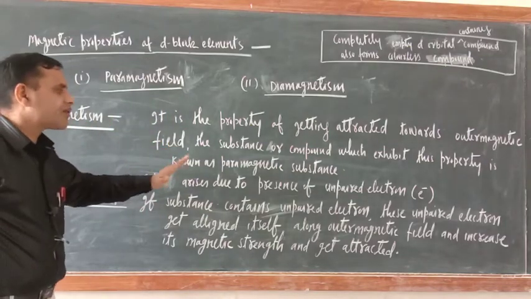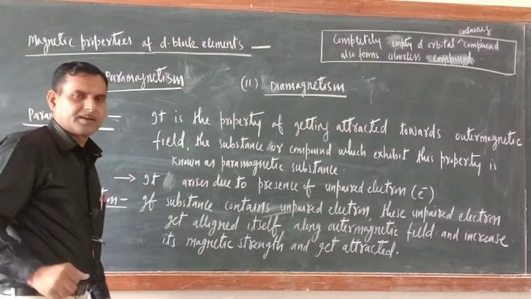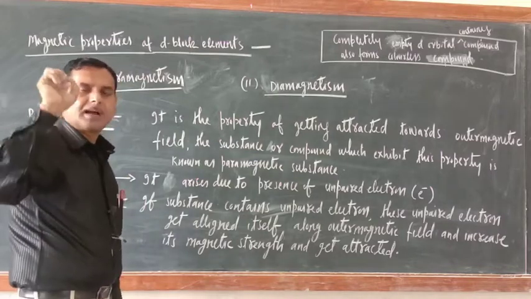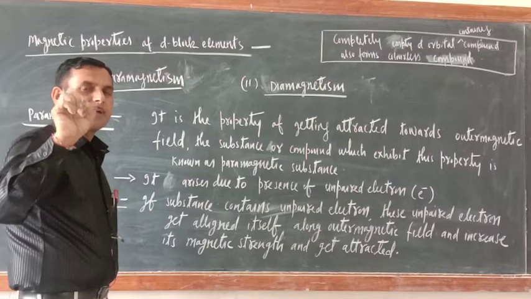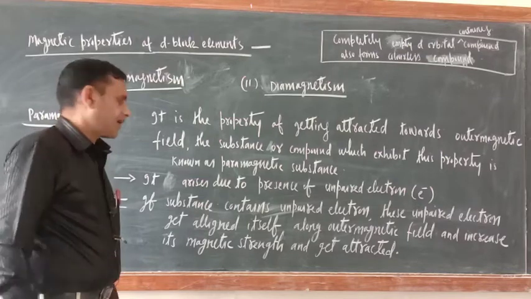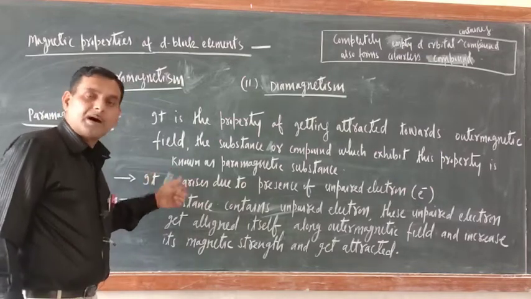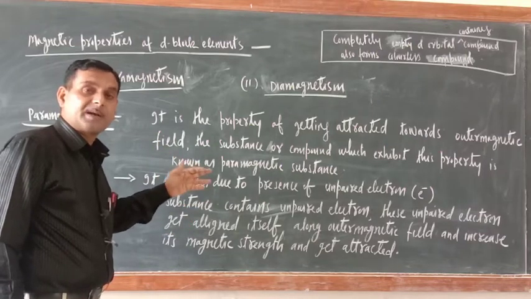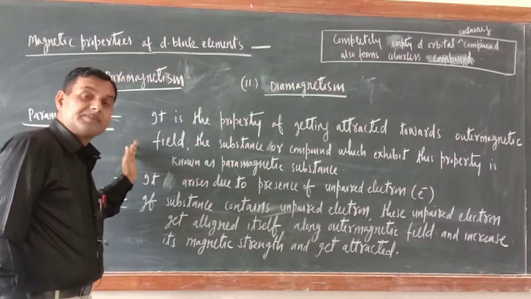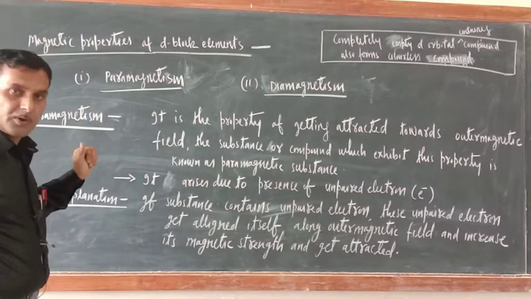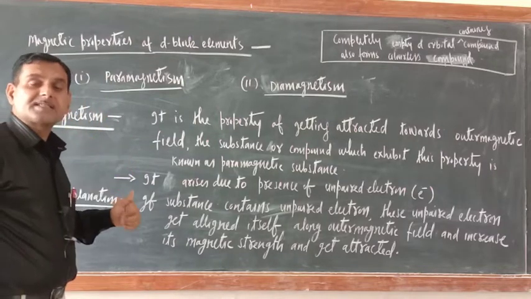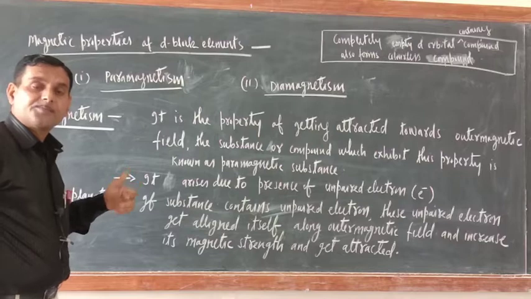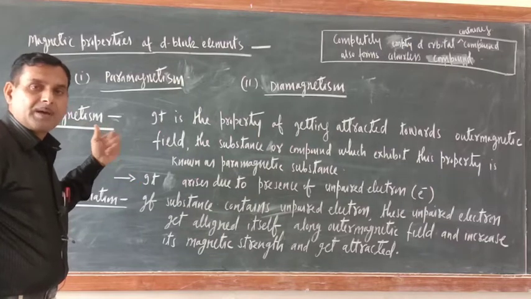It arises due to the presence of unpaired electrons. If a substance or compound has unpaired electrons in the d orbital, then only it will exhibit the paramagnetic property. Now how does the presence of unpaired electrons make it paramagnetic?